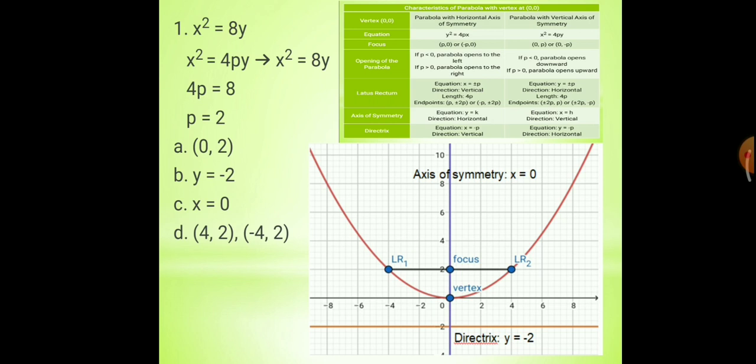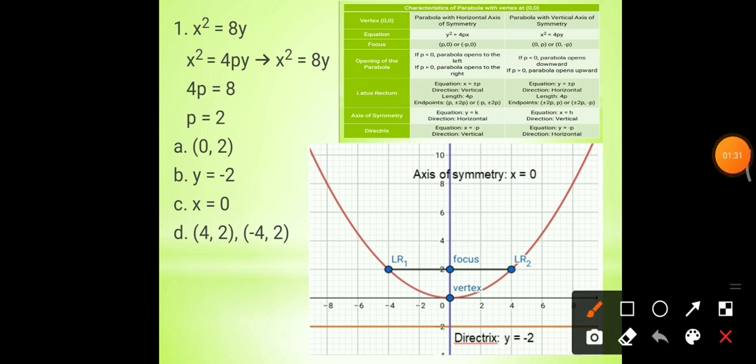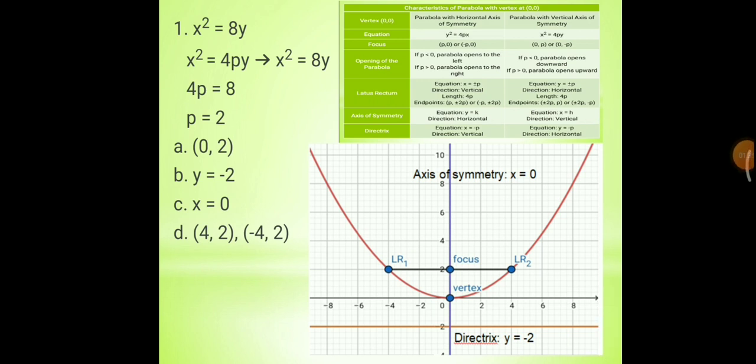Axis of symmetry: x is equal to h. Since this parabola is at the origin, which means the vertex is at (0, 0), the value of h is 0. Now we have the axis of symmetry at x is equal to 0.